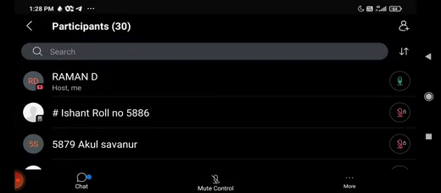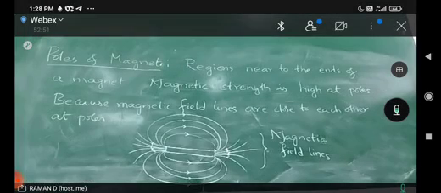So, how can you make a magnetic compass that can show the directions? What you need to do?